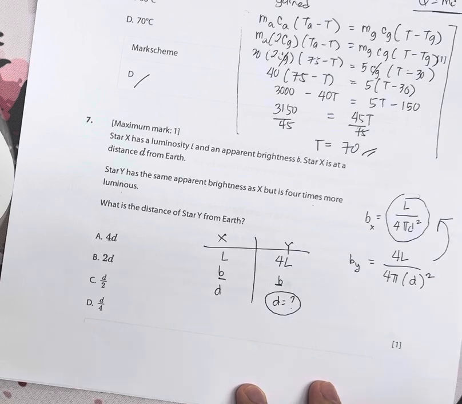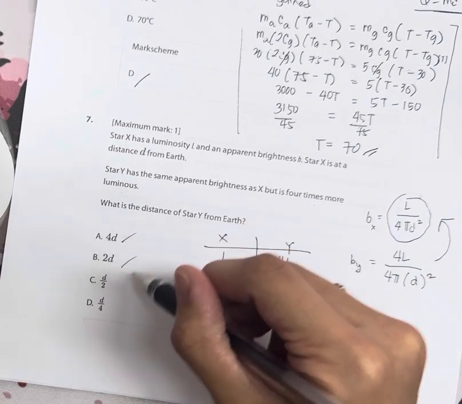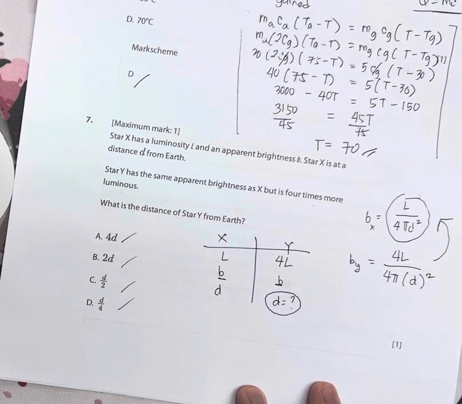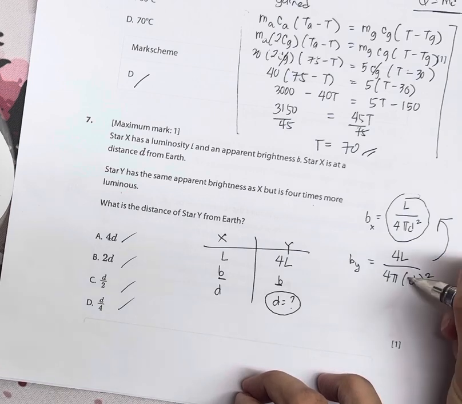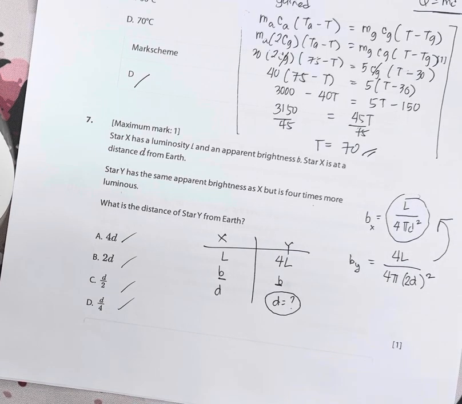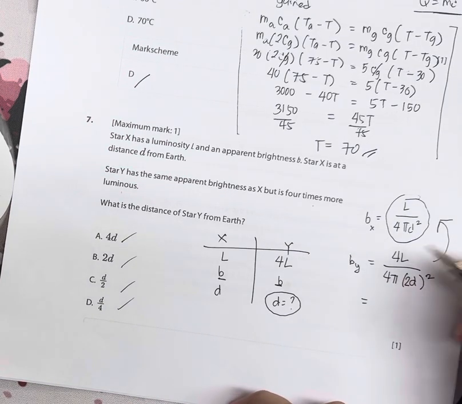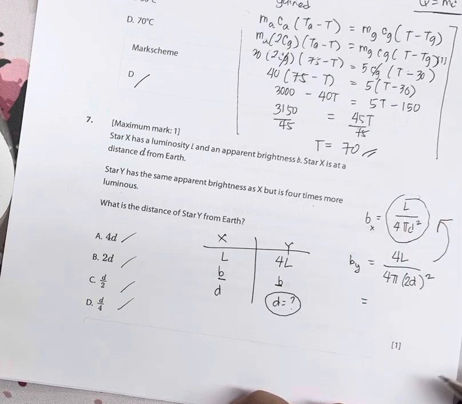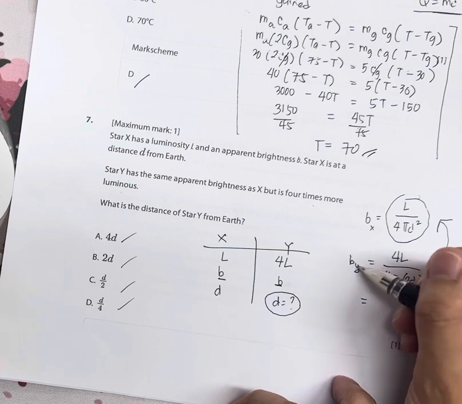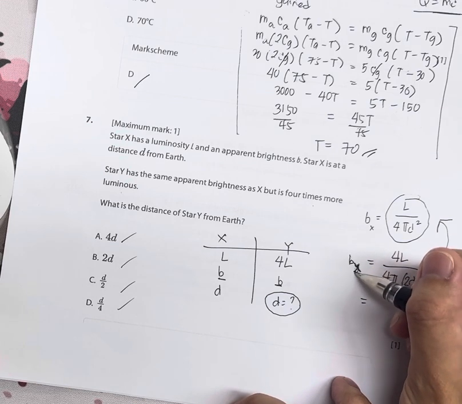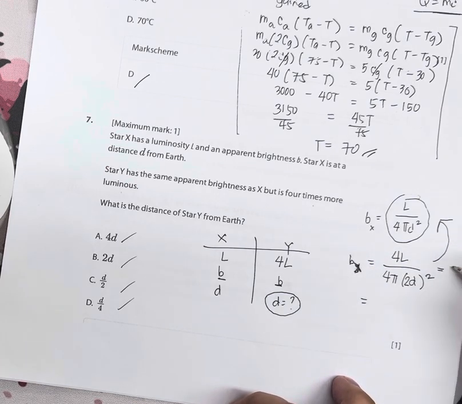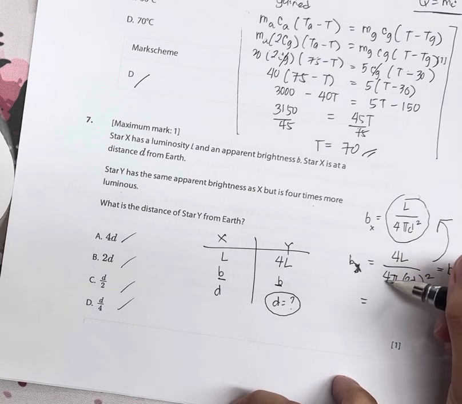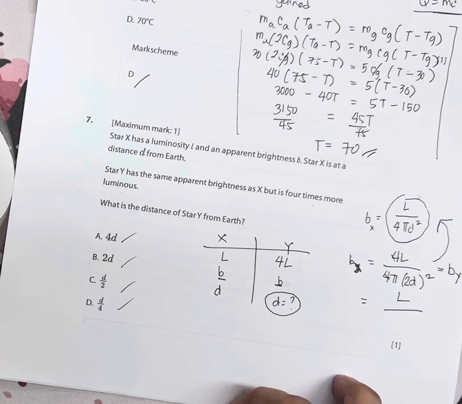The way to do that, you can even manually check each choice, is make this 2D. If you simplify this, you will notice that it cancels out and you end up with this one. You can double check. The 4 and 4 here will cancel, so I will be left with L at the numerator.